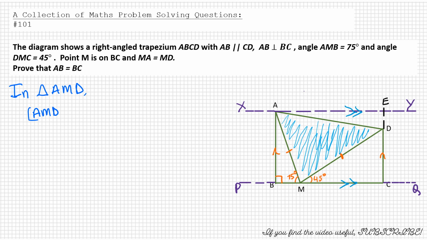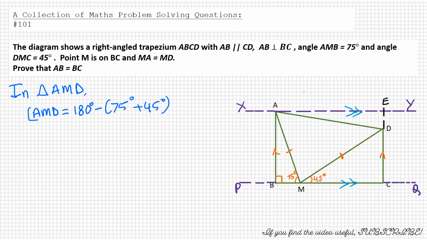In triangle AMD, angle AMD would equal 180 minus 75 plus 45. You add the 75 and 45, and take the sum off from 180 to find angle AMD, which is 60 degrees. We have been given AM equals MD, so the triangle is isosceles.